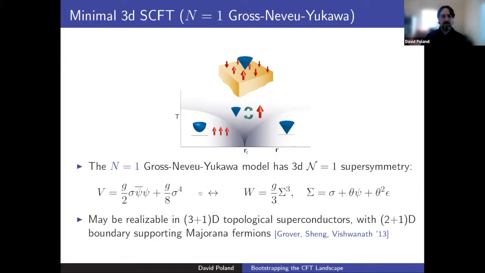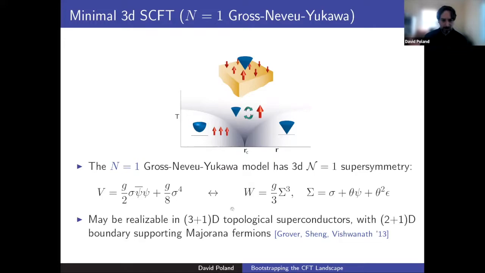You can capture this model using a theory with a cubic superpotential, sigma cubed. This model is also interesting because, for example, there's a proposal by Grover, Sheng, and Vishwanath that this could potentially be realized on the boundary of 3+1 dimensional topological superconductors, where the boundary supports a propagating 2+1 dimensional Majorana fermion.